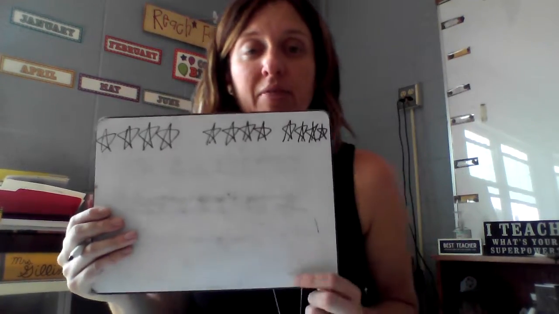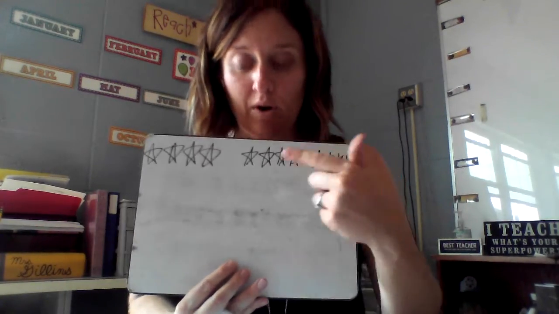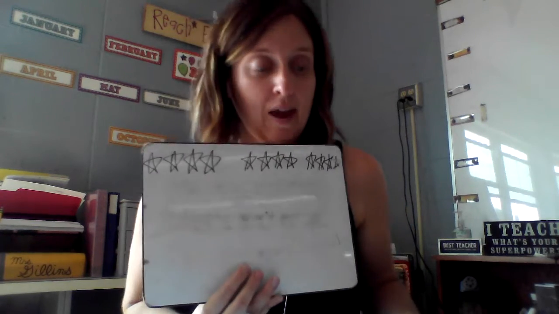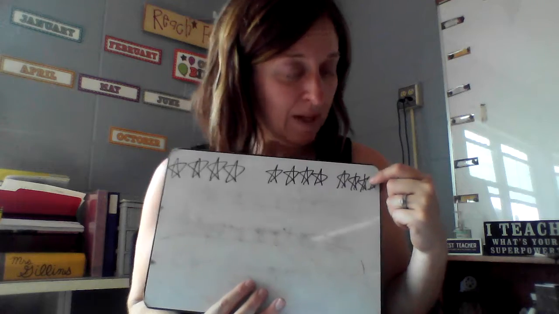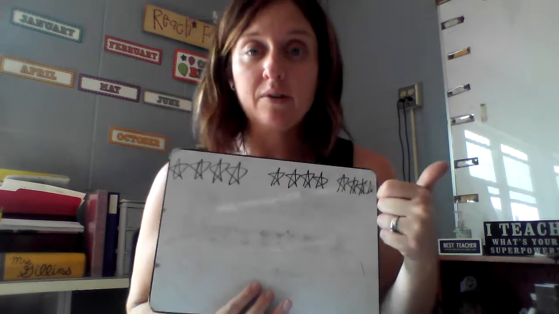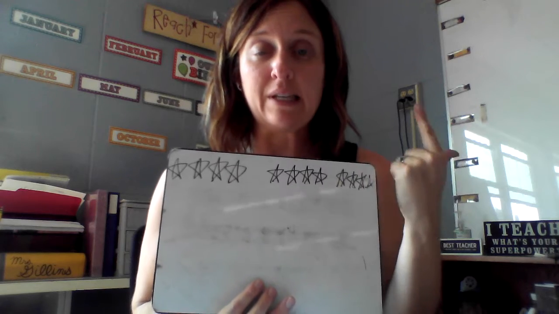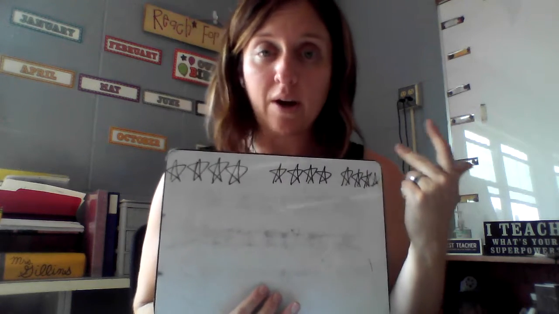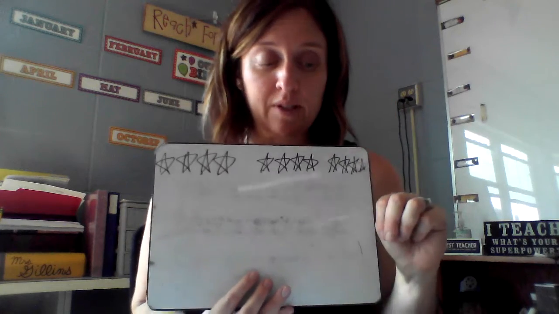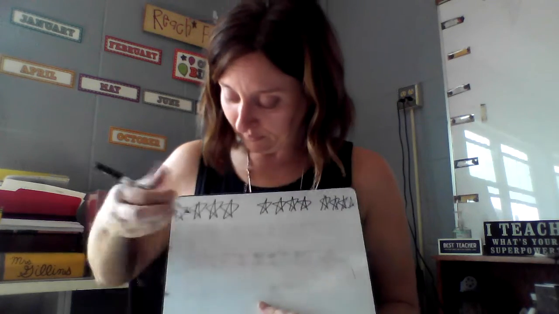My 3 is the number of groups that I have. And my 4 is how many stars are in each of my groups. So my 12 is my total, my 3 is the number of groups, and my 4 is the size of each group. So I'm going to take those 3 numbers and write a number sentence with it, with division.